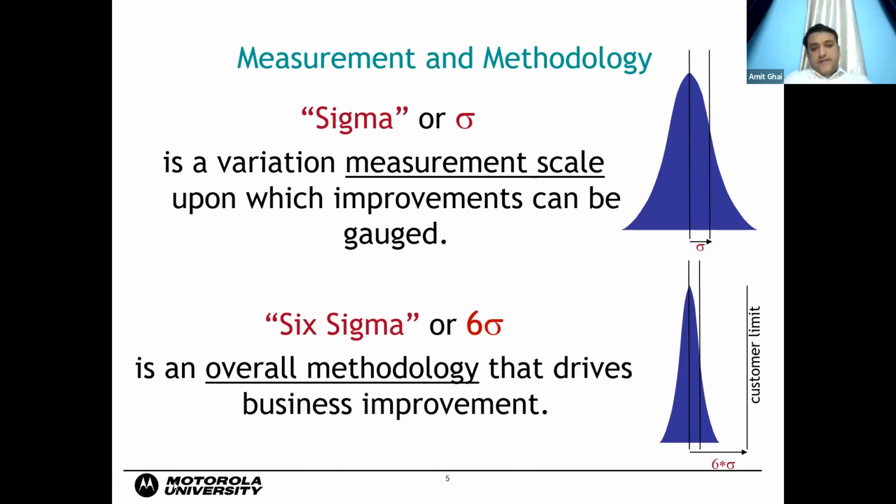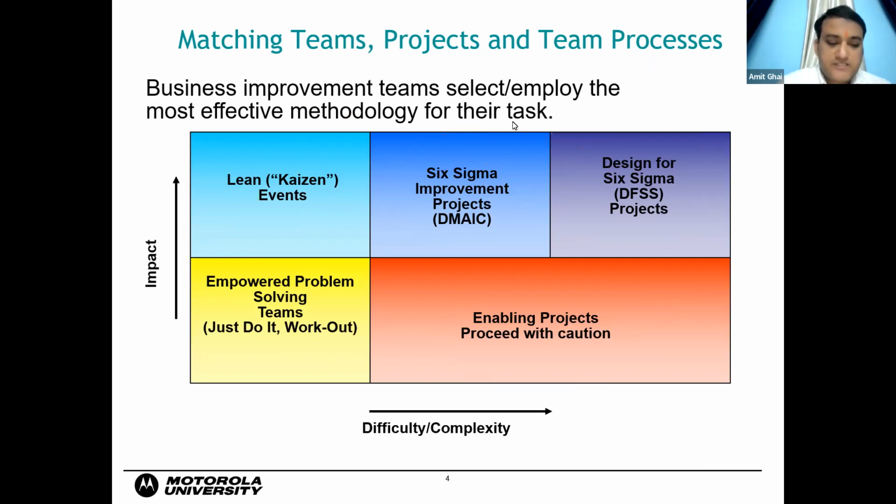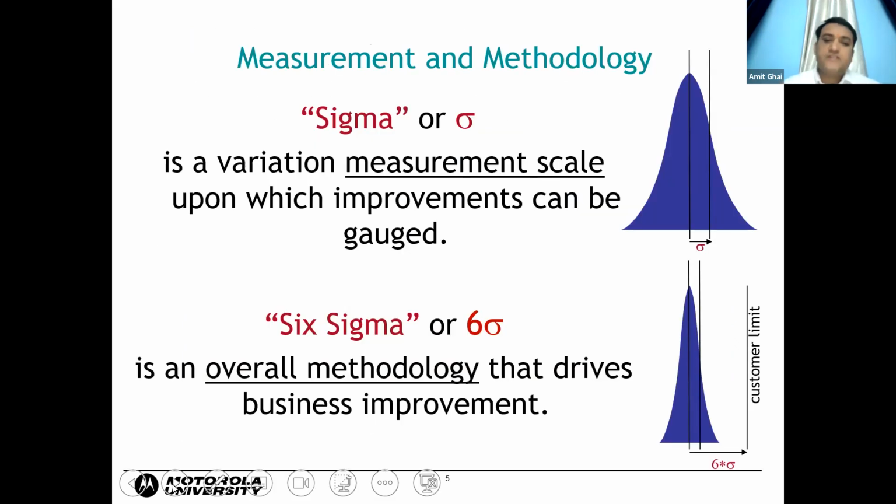Six Sigma or Sigma in the industry is traditionally seen in two terms. The number one term is Sigma as a statistical measurement. Those who have studied statistics a little bit during high school would know there is a term called standard deviation. So the inverse of the square root of variance, the standard deviation, is called sigma. It is a measurement scale upon which improvement can be gauged. We measure the variance in the processes through the Sigma methodology.